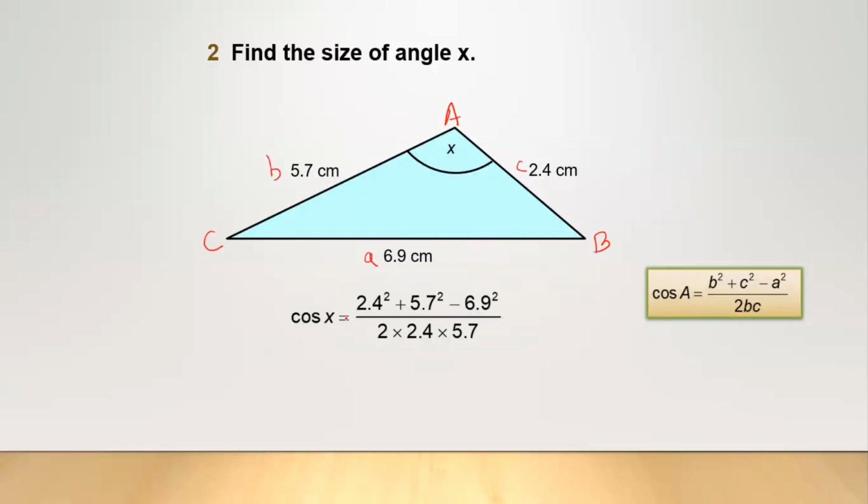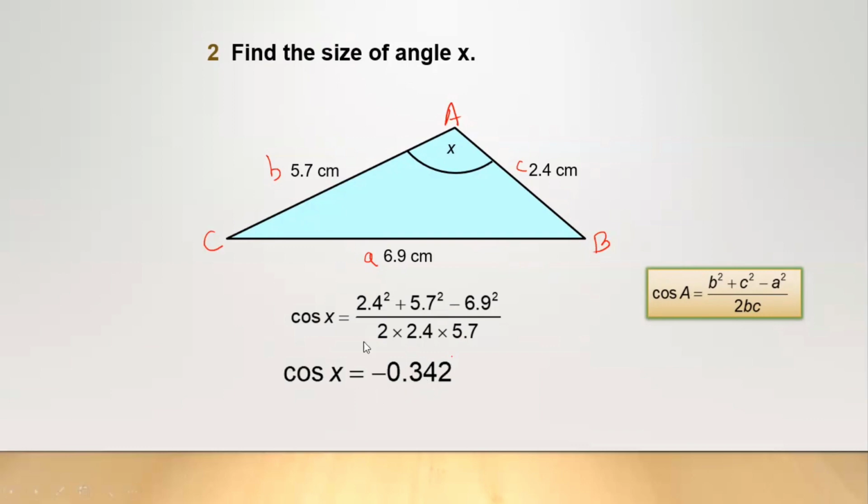Cos A, which is cos x, is equal to 2.4 square, that is b square, plus c square, which is 5.7 centimeters, and minus a square upon 2bc, that is 2 times 2.4 times 5.7. So we get the value of cos x on calculating this as minus 0.342.